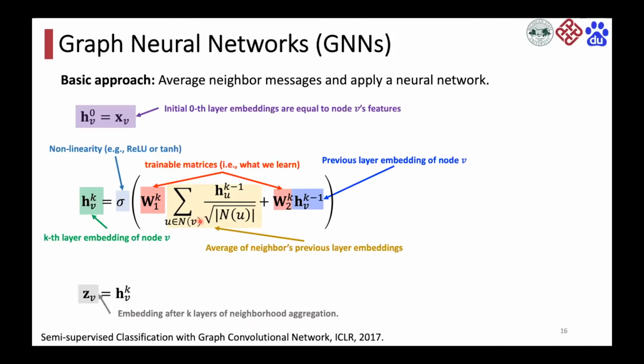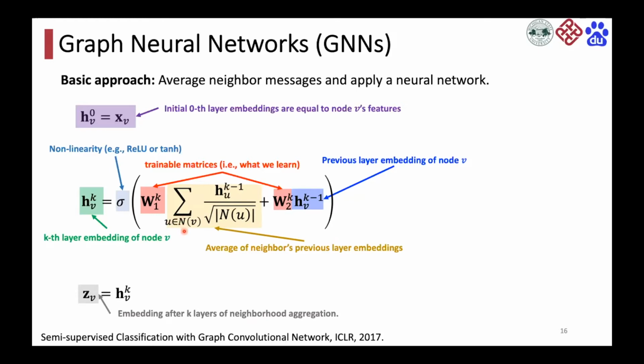We go through the neighbors of the node v and take the representations of the neighbors from the previous layer k minus 1. Then we average them together, which is the most straightforward aggregation operation.